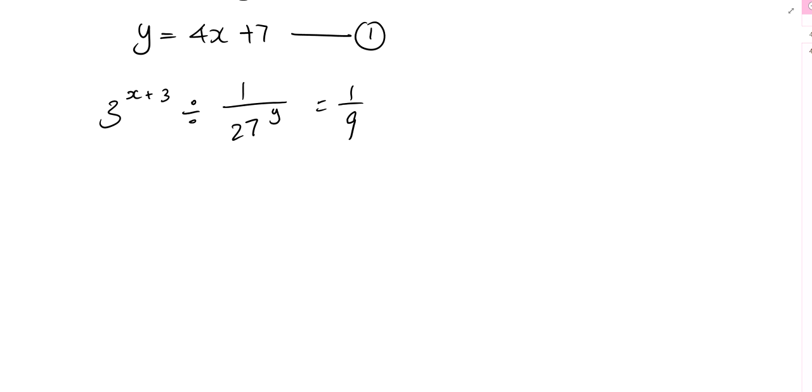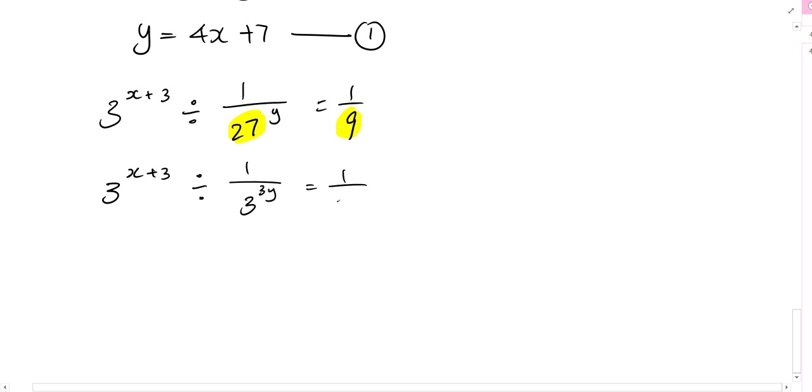Okay, when you see 27, what does it remind you of? 3 power 3, and this 9 over here? 3 power 2. Okay, so 3 to the power x plus 3 divided by 1 over 3 power 3y equals 1 over 3 squared.